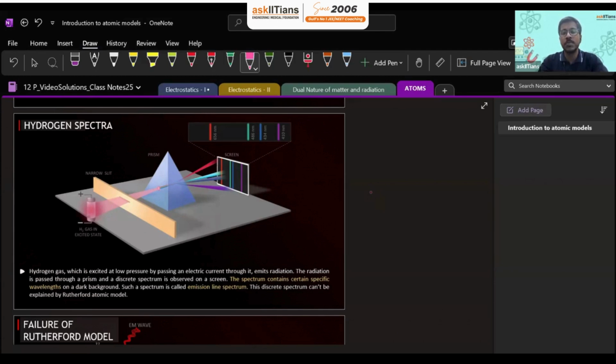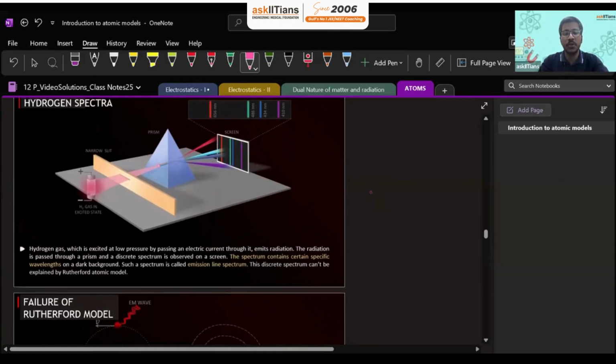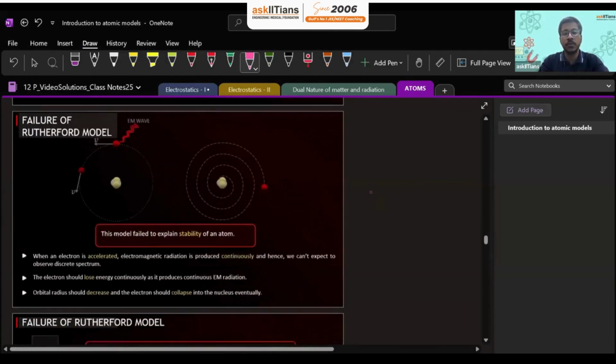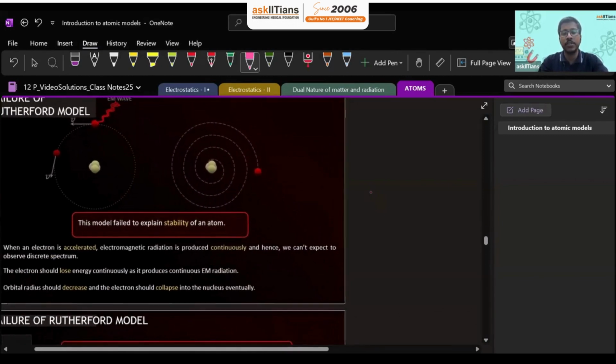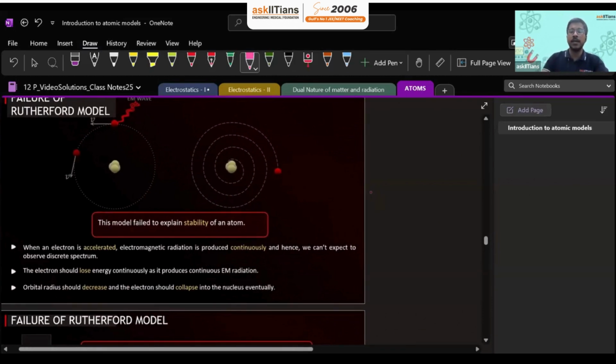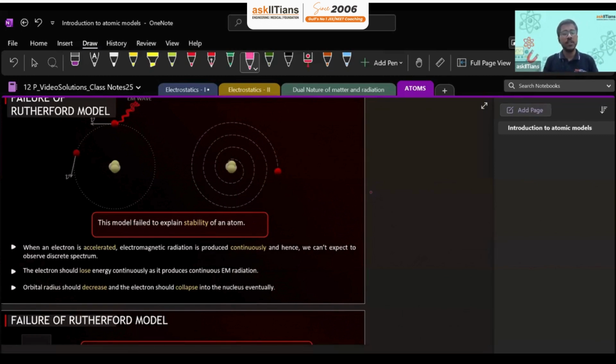So this discrete spectrum couldn't be explained by Rutherford's model. That was one of its failures. We will see more of the failures of Rutherford's model. According to electromagnetic theory, when an electron is accelerated, electromagnetic radiation is produced continuously. Whenever a charged particle is accelerated, it should be emitting radiation.